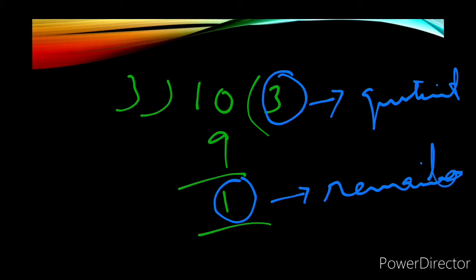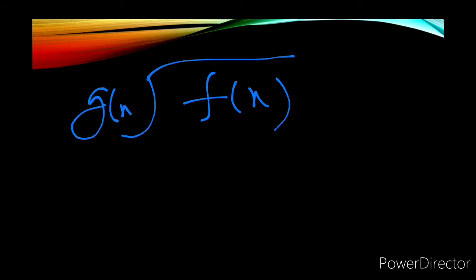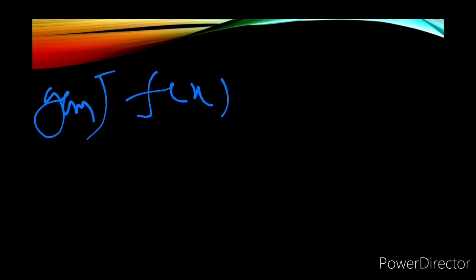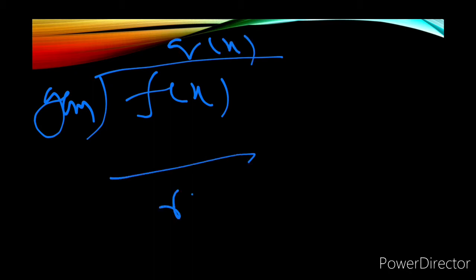1 is remainder. In polynomials also, if we divide a polynomial f of x by g of x, we get two more polynomials, q of x and r of x.